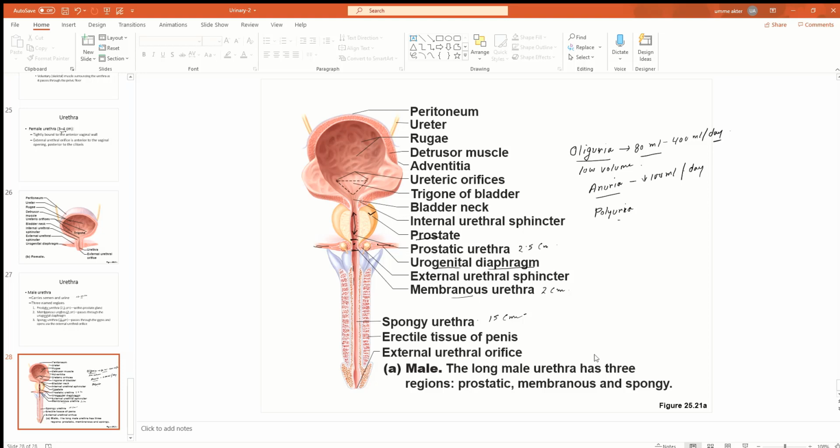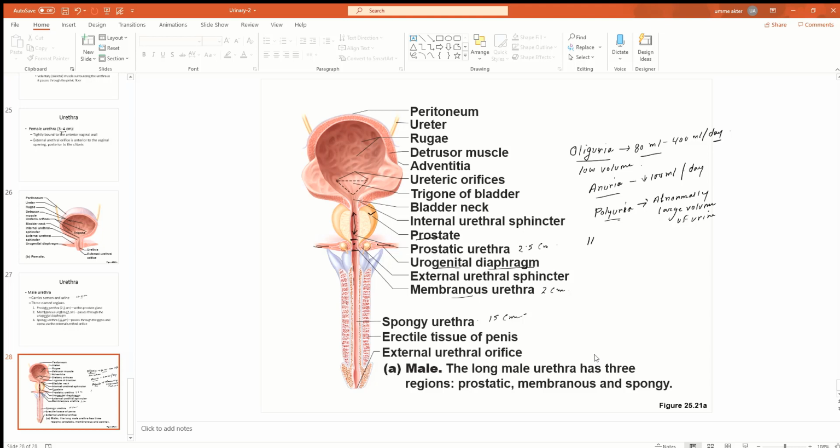Okay, so an abnormally large volume of urine is produced. That is called polyuria.